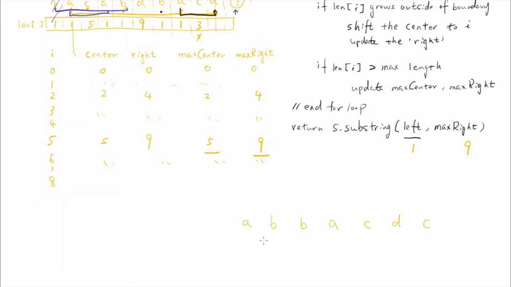In this string, we can find 2 palindromes, from A to A and C to C. The first palindrome is double-centered at B, and the second palindrome has a single center at D. So for us to use one algorithm to find both palindromes, we can introduce a dummy character between each character in the string. So we insert a pound sign here.